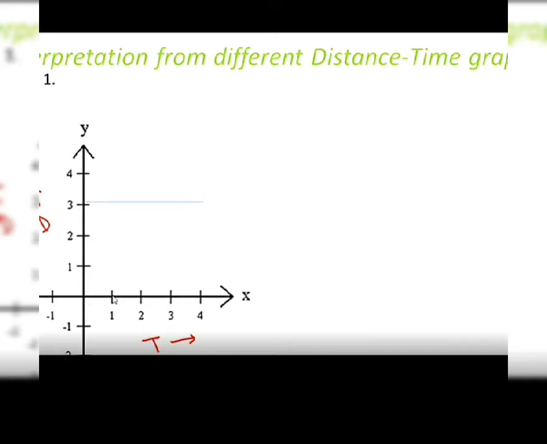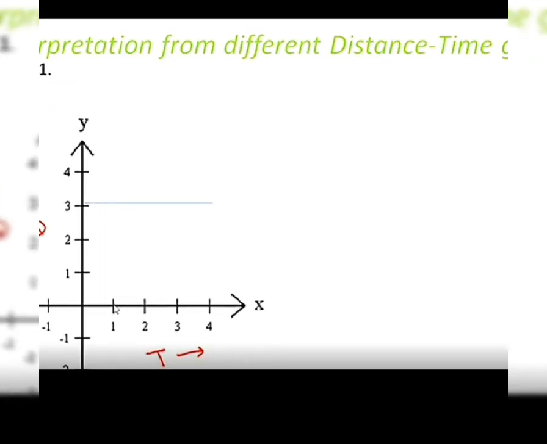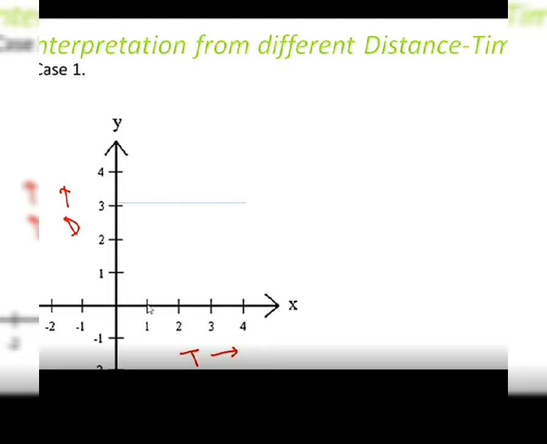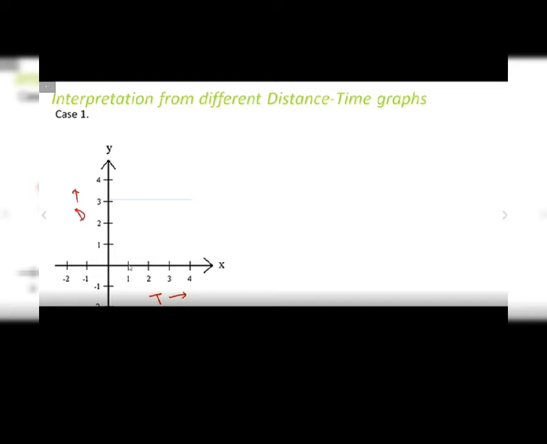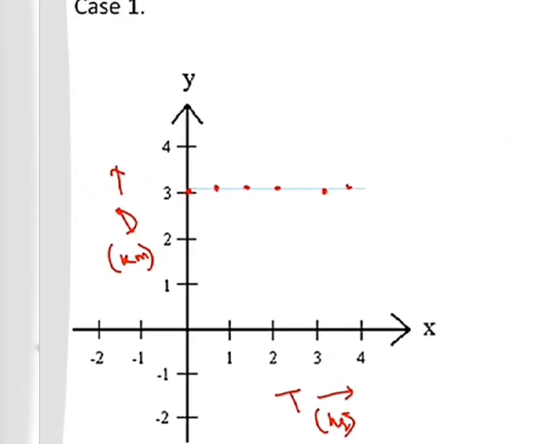Here I have a straight line parallel to the time axis, right? You see, as the time increases, the distance remains the same. Suppose the object has a distance of 3 kilometers. So we see the distance covered is 3 kilometer for every 1 hour.